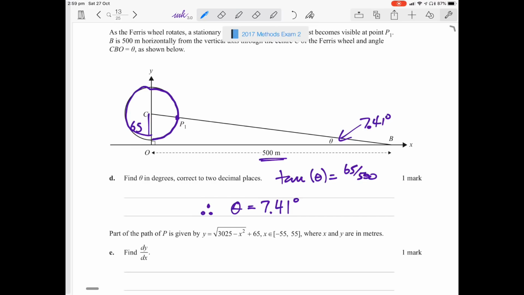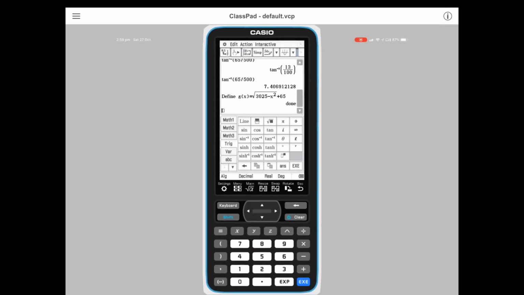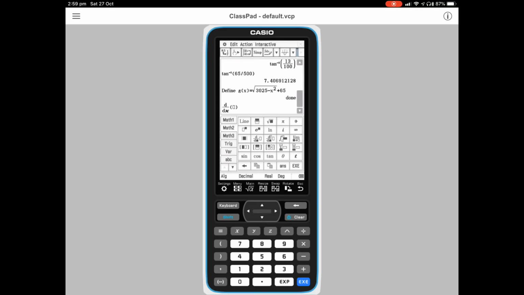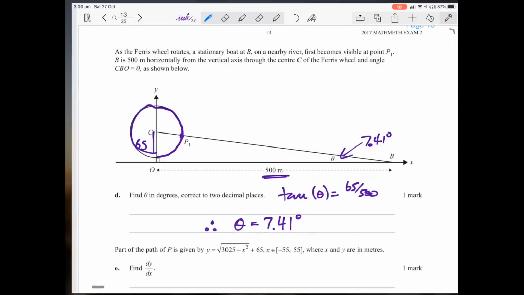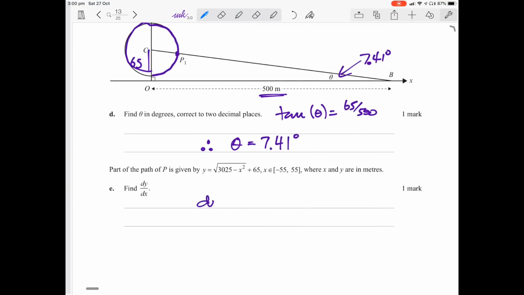Plus 65. Okay, find dy dx. d dx of g of x. Don't do it decimally, do it nice. Negative x on root 3025 minus x squared.